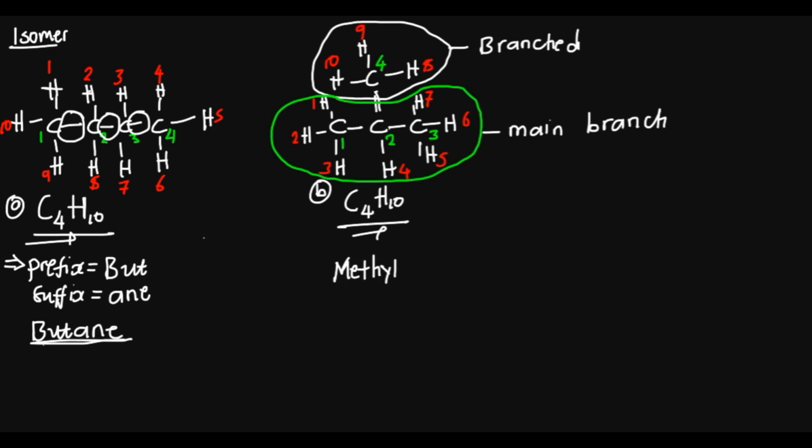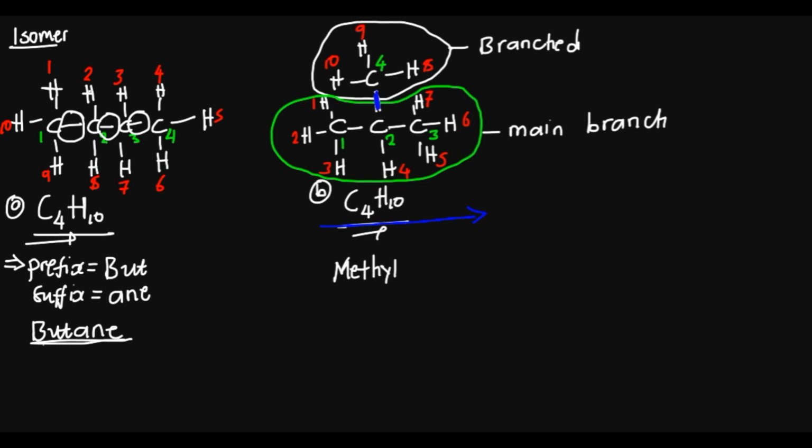Now from there, we also need to take one thing into consideration. We need to look at the position of the carbon where the branch is attached. If we move in this arrow direction, we can see that the branching is on carbon number 2, since we said 1, 2, 3.